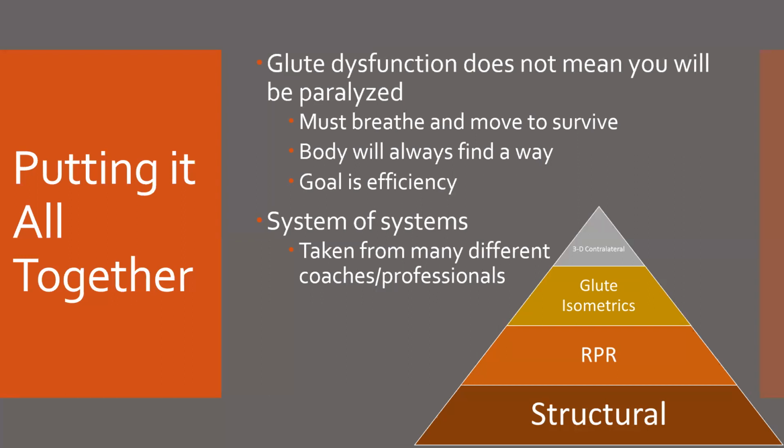So your body's always going to find a way to move, and our goal as performance coaches, practitioners, is to ensure that that athlete is completing those movements in the most efficient but also powerful manner possible, as that's going to aid in their performance and safety on the field. So this is a system of systems.